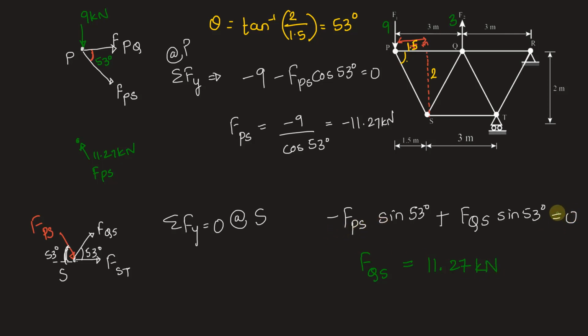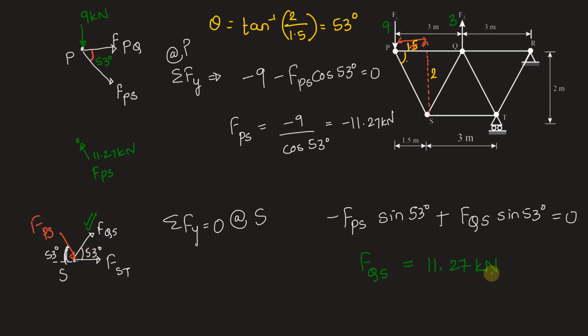But here is the most important point: we have got a positive sign for force in QS, which means that the direction we assumed for QS is correct, and therefore force in QS is not of the same nature as force in PS. Although the values are equal, their nature is opposite.